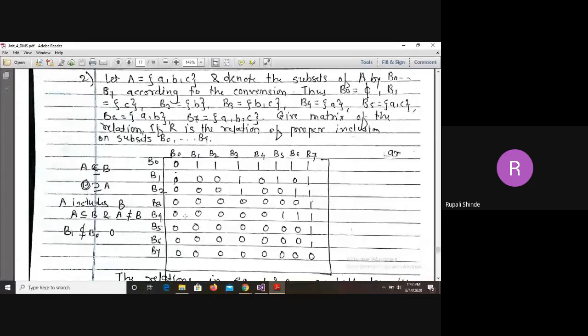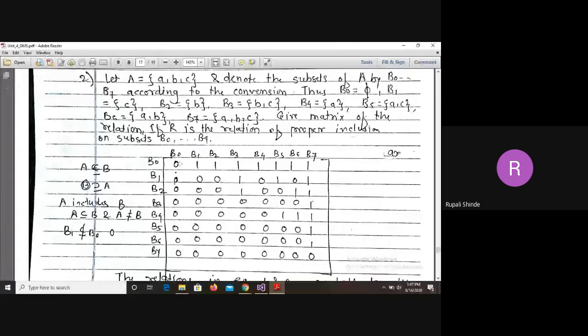So now check which one is the first row. B0 is the first row and B0 is the first column. Now we have to check what we can mark here, either 0 or 1. Okay. So now check, B0 is a subset of B0, because every set is a subset of itself.